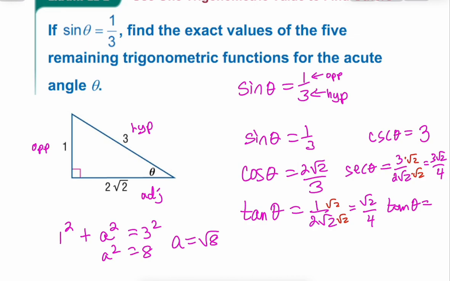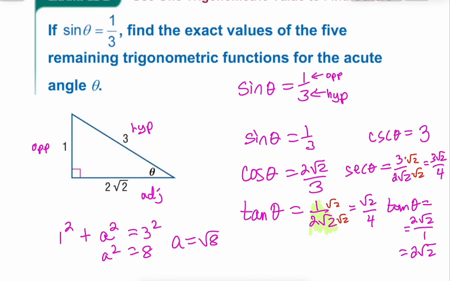Flip the one over that puts the radical in the top. So see, that was what we started with, 1 over 2 radical 2. So make it 2 radical 2 over 1, which is just 2 radical 2. So when you have radicals, you've got to do a little bit of work.